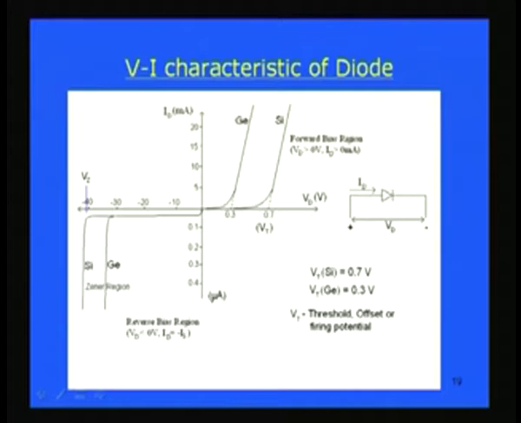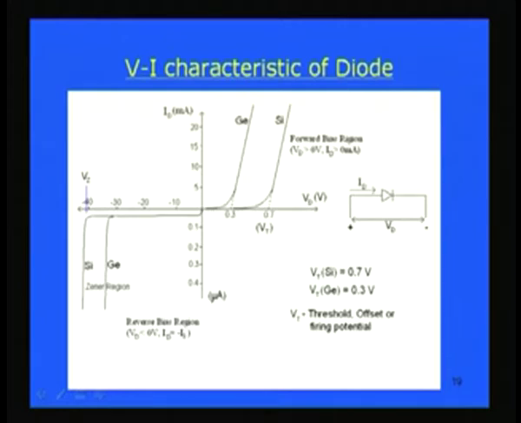The voltage applied across this diode is Vd, and Vd must be greater than 0.3 for germanium and 0.7 for silicon in order that current starts flowing in the diode. That means when the voltage applied across the diode is less than 0.3 volt for germanium and 0.7 volt for silicon, there will be no current flow because the barrier potential is not overcome.